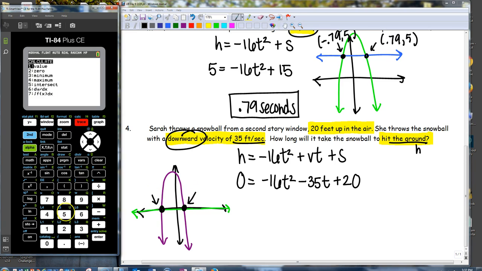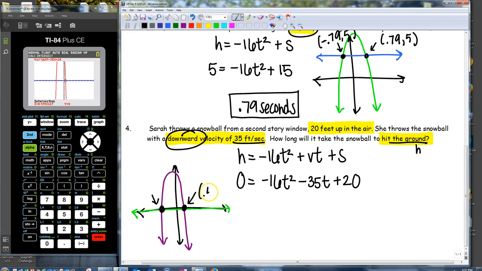Second trace 5. Enter, enter, enter. That's going to round to 0.47, comma 0. Second trace 5. Move it on over. Enter, enter, enter.